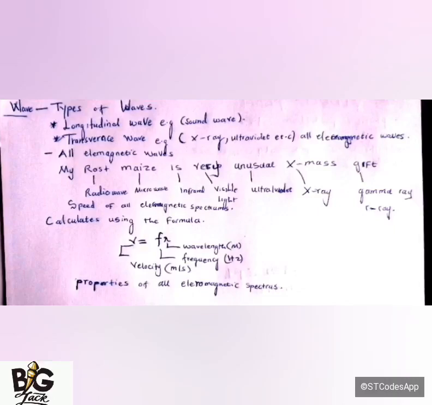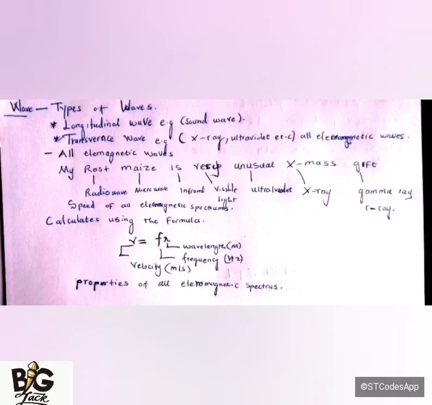Okay. Now you need to know examples of electromagnetic waves. To remember them, we are going to use a mnemonic, which goes like this: my lost means is very unusual Xmas gift. As for lost here, I'm going to use ARA for a special reason, where ARA represents radio wave.